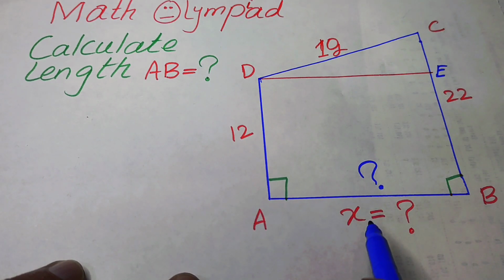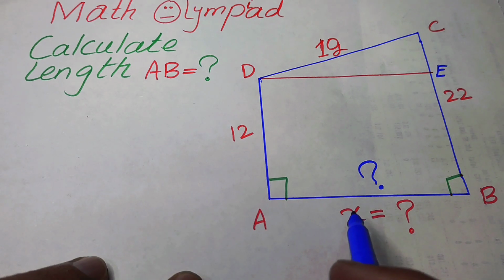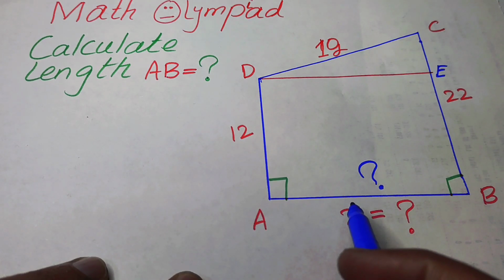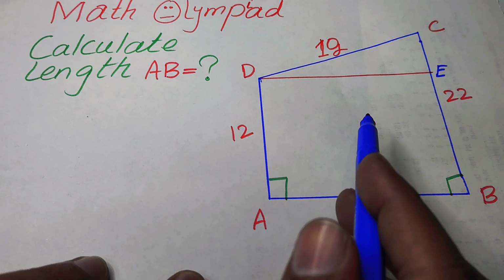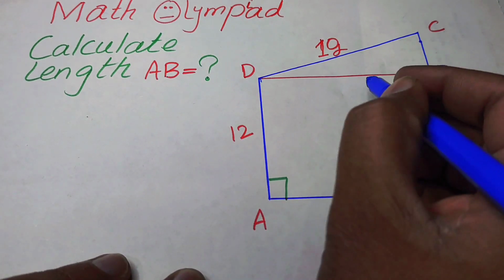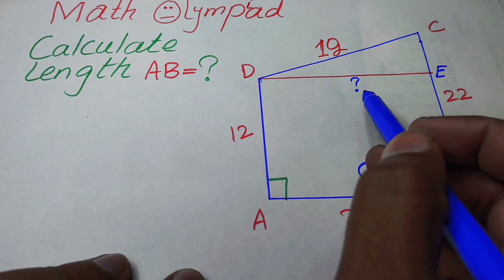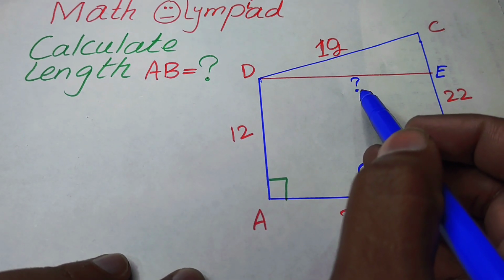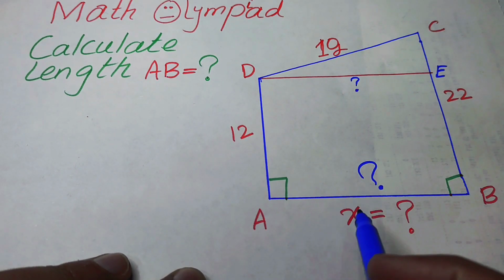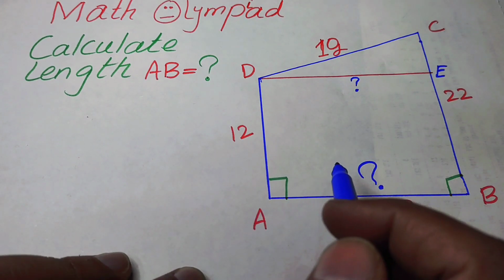So here we will find the value of x, or the length of AB. These two, AB and DE, are parallel, so first we will find the length of DE, which is the same as the length of AB because these two are parallel.